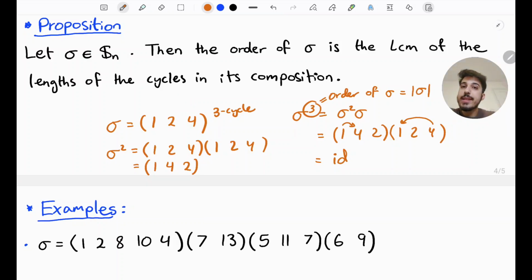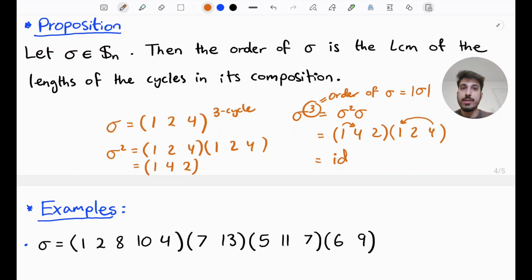Well, it can also take 6 steps because you can just do that again. 1, 2, 3, 4, 5, 6. We can take 9 steps. So we can take any multiple of 3 steps. But that is also the definition of what an order is. An order, by definition, divides any number such that if you take sigma to that power, it gives you the identity. But anyways, that is how we know what the order of an M cycle is.